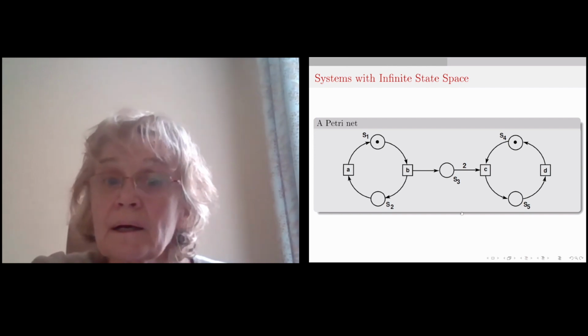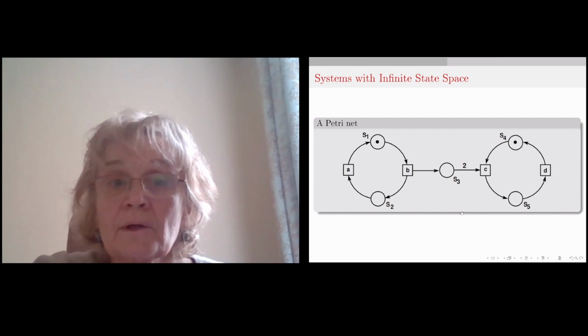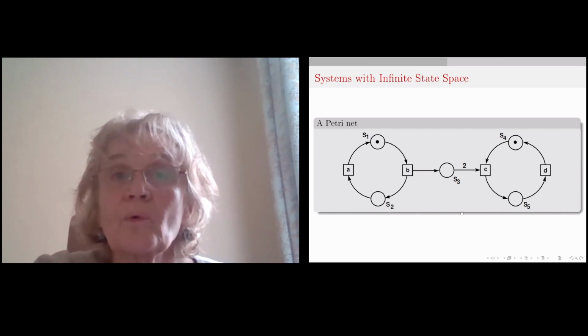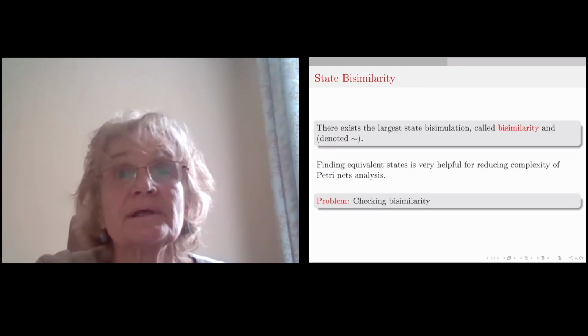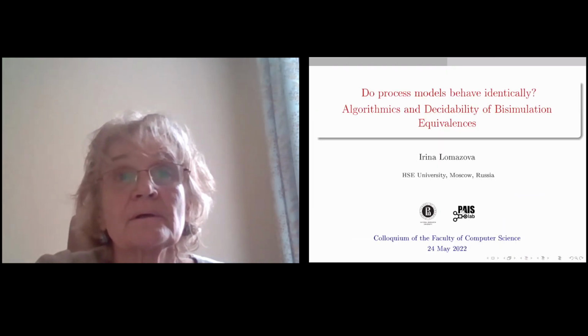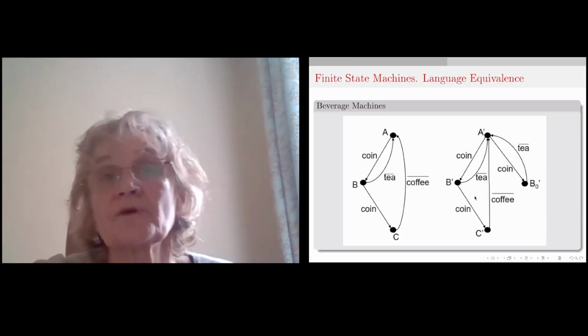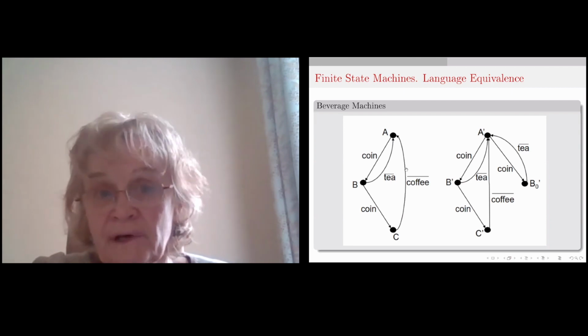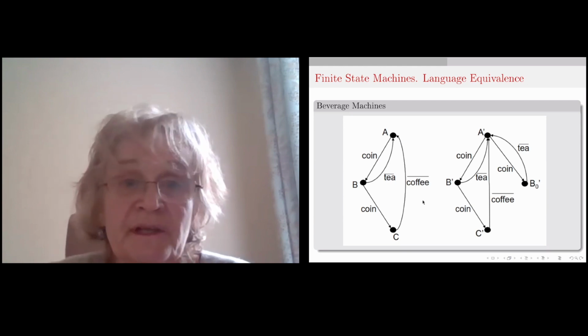But in the previous slides, we needed a notion of output. We spoke about output of automata. Now we have just behavior. You mean in the finite state machine? Yes, there were outputs, tea and coffee. No, it is the name of action.